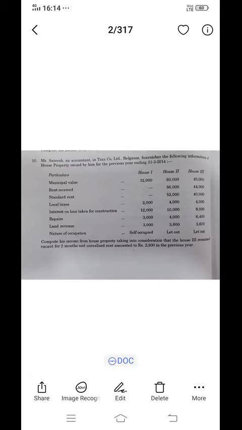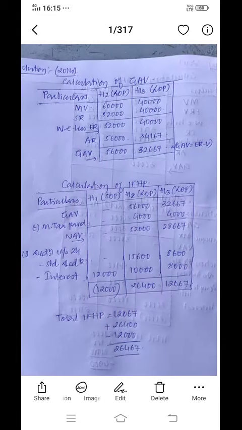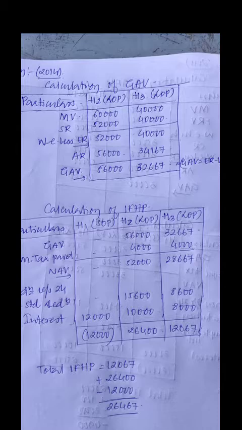So 44,000 divided by 12, you will get somewhere around 3,600 odd. Multiply by 2 months of vacancy, and you have to minus that, and you also have to minus the unrealized rent, which is 2,500. If you minus that from 44,000, you will get 34,167.